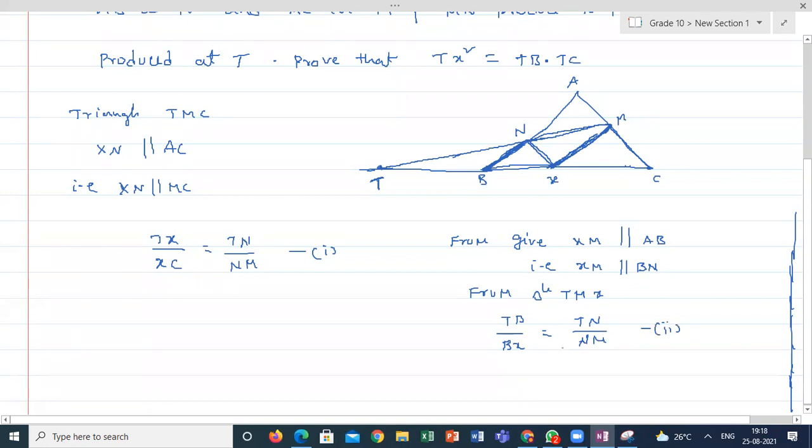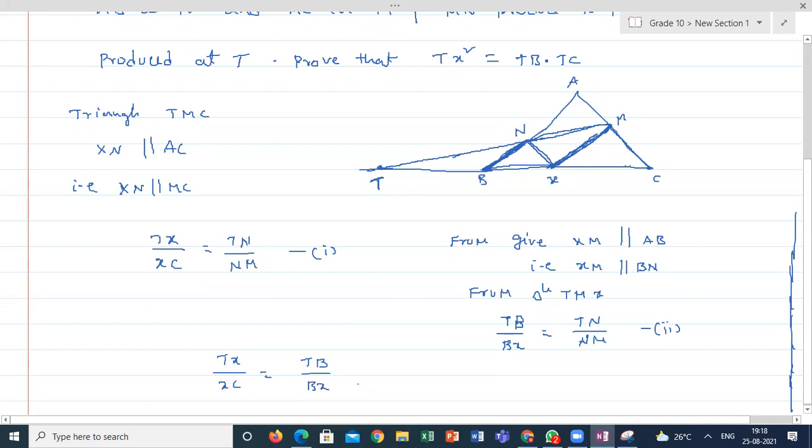So how can I use these two equations? Are my first and second equations the same? So I am able to prove Tx by Xc is equal to TB by BX.